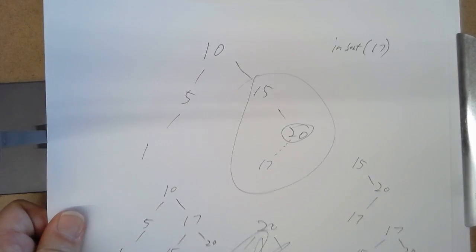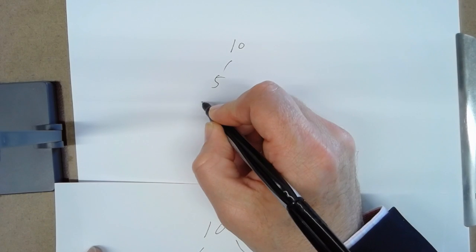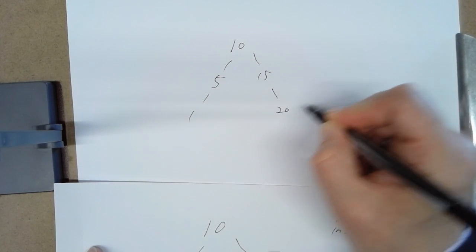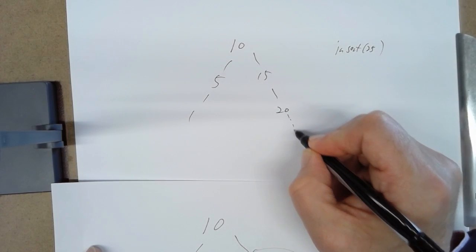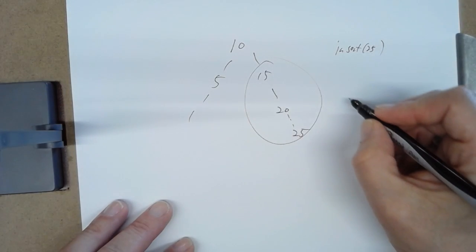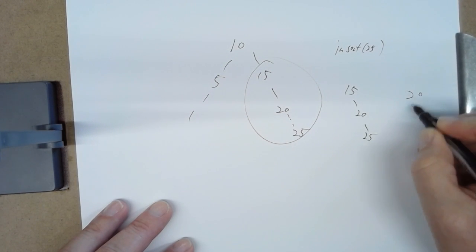And an easier to see example of that would be inserting a 25. We'll throw off our balance. But this is easily replaced with this.